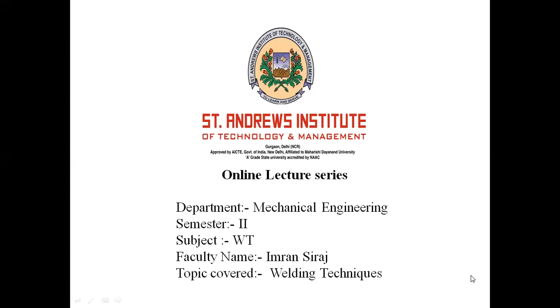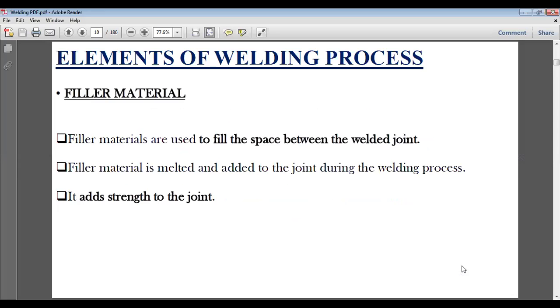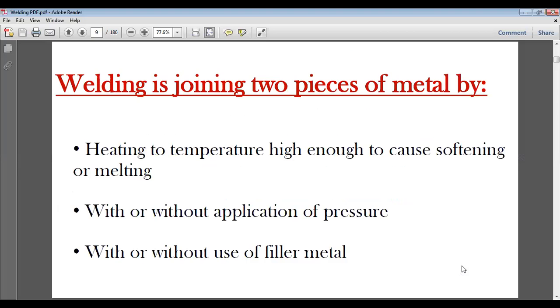First of all, we have to understand what a weld pool is. As we discussed, we have three basic elements required for welding. The first is heating: the two pieces of the joint must be softened or fused enough, so the temperature must be high enough to cause softening.